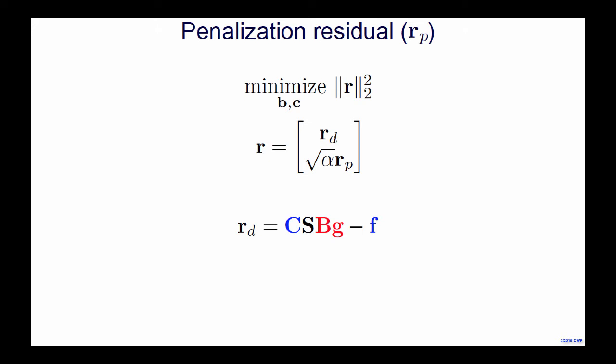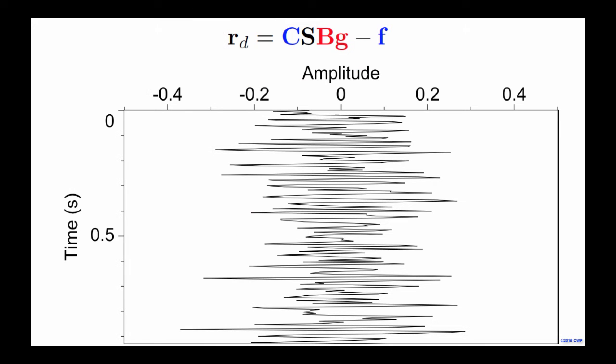But before I get into alpha, let's talk about the data residual. Let's say we have an estimate of the PP wavelet C and the inverse PS wavelet B. Then our corresponding data residual would be the following for a simple synthetic case. Now if I multiplied the inverse PS wavelet by 10 and the PP wavelet by 1/10, then we would get the same data residual, as shown.